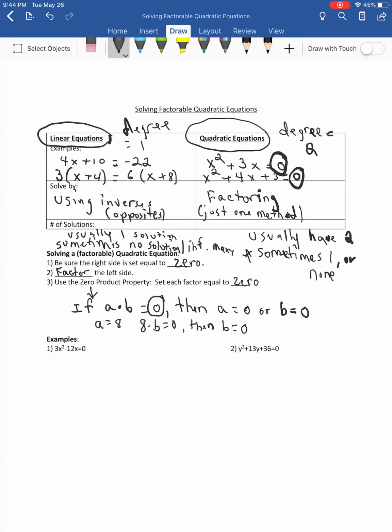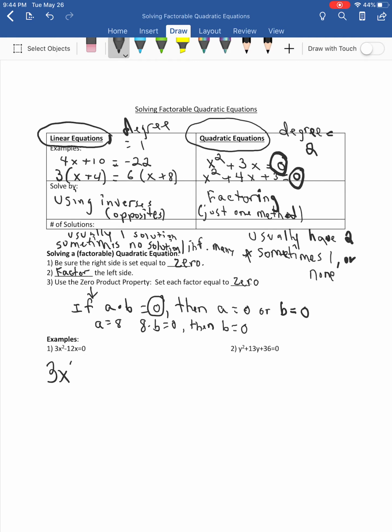All right. In other words, in order to make 0 when you're multiplying two things together, at least one of the factors must be 0, okay? So with the zero product property, we're going to factor, and then we're going to set each of the factors equal to 0. Okay, let's take a look at an example.